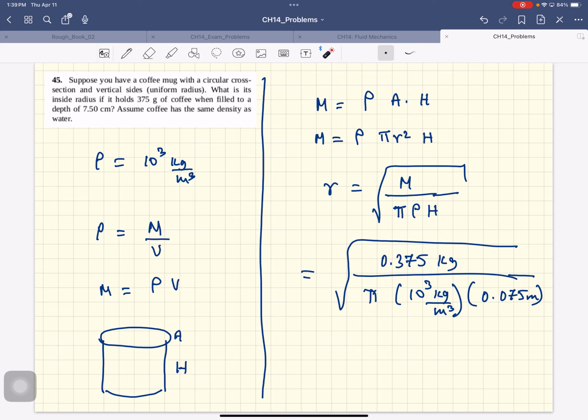All right, so what we'll do is we'll make this 10 to the 4 and this will become 0.0075. Okay, so 10 to the 4 coming to the top becomes 10 to the minus 4.